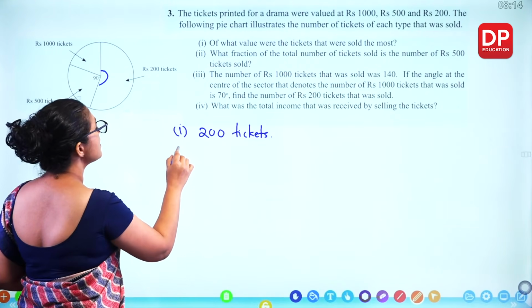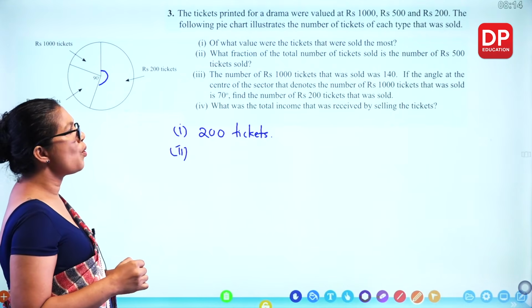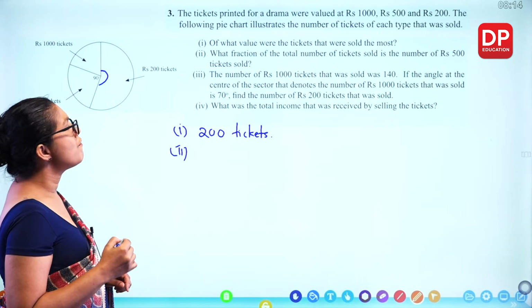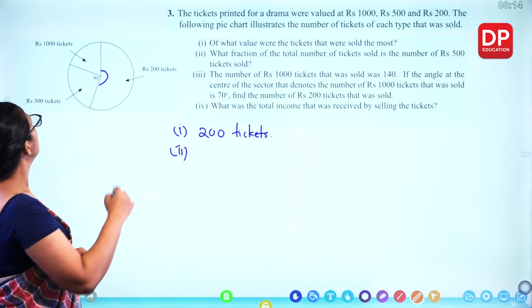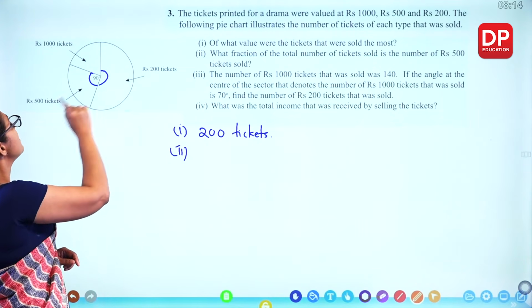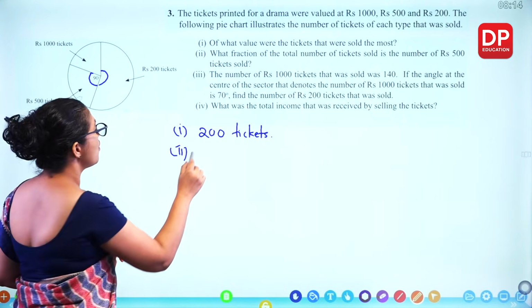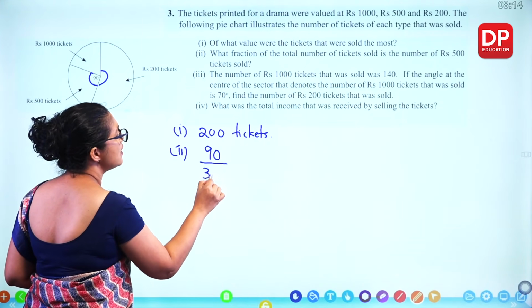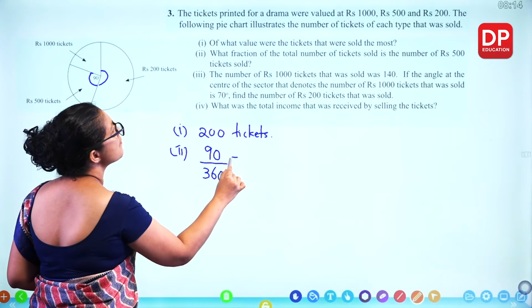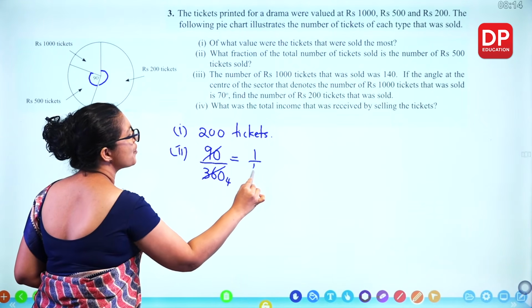What's the second part? What fraction of the total number of tickets sold is the number of 500 rupee tickets sold? So here it's given 90 degrees for 500 rupee tickets. So you can write down the fraction as angle over 360. So what's the fraction? You get 1/4.